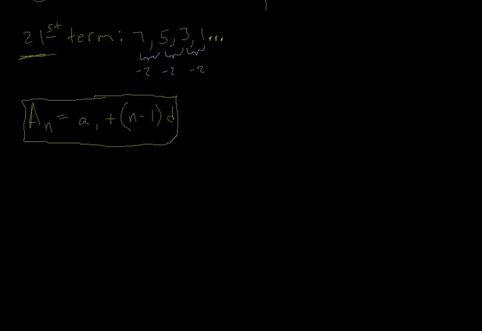So this is how you're going to write this function, where the domain is the set of natural numbers. Remember that arithmetic sequence. So the first thing we're going to do is write the very first term as a1. So a1 is the very first term in the domain. Well, that first term is 7. In this case, a1 is 7.